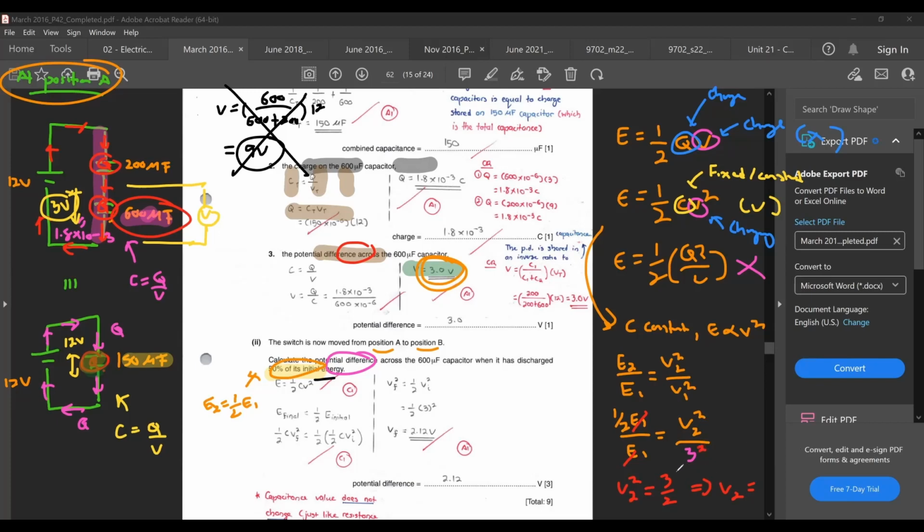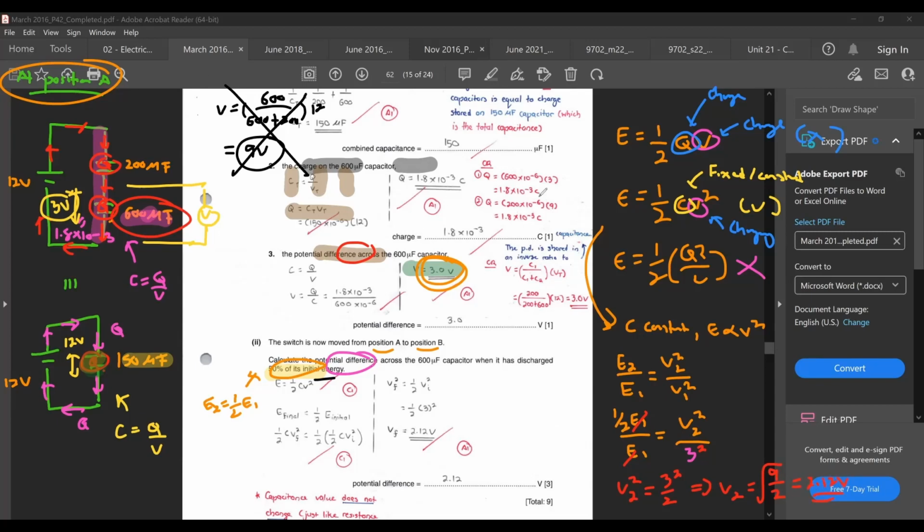This one is squared, this one is squared. So you find your V2 by square rooting this expression here. It's going to be the square root of 9 over 2. You're going to get the answer as 2.12 volts.